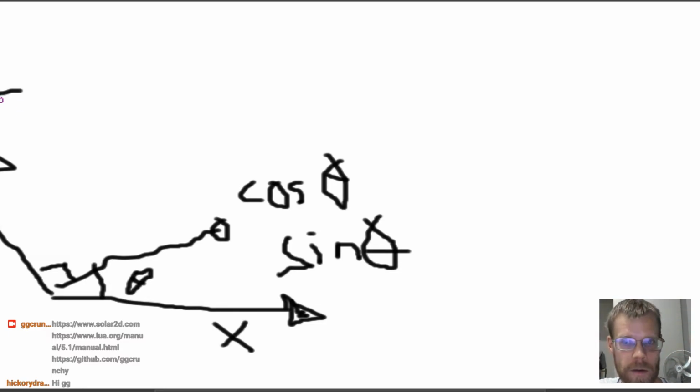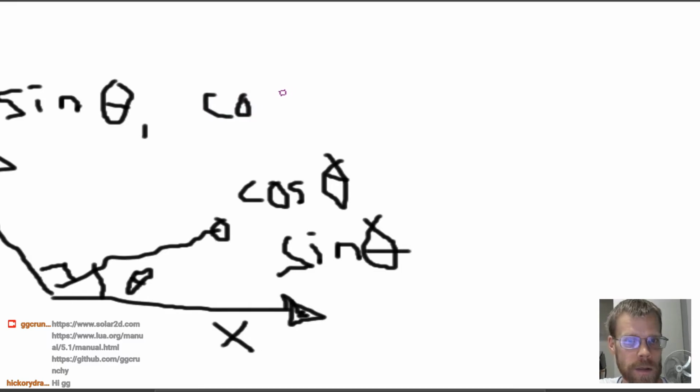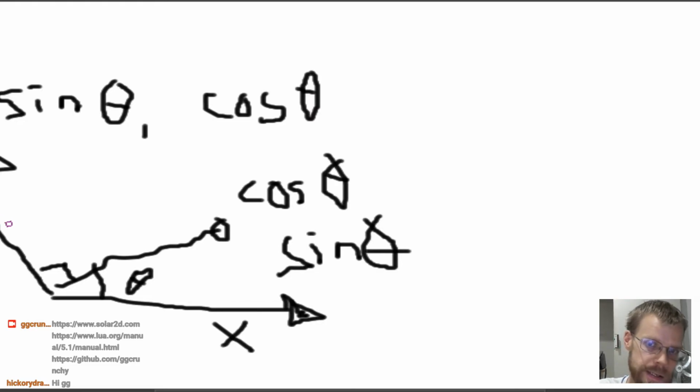So we'll have sine theta, cosine theta. And since the x is negative, we put the sign here for this direction and keep the sign as is for the y value.